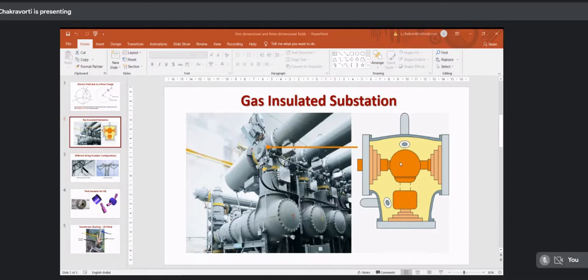Of course, we can do it for the individual component, but it is absolutely essential that we do it for the assembly. The moment we do it for the assembly, then it is no longer two-dimensional because we cannot say the field is not varying in any one direction. It is no longer axisymmetric because it is no longer rotationally symmetric. So we have to go for the three-dimensional field computation.